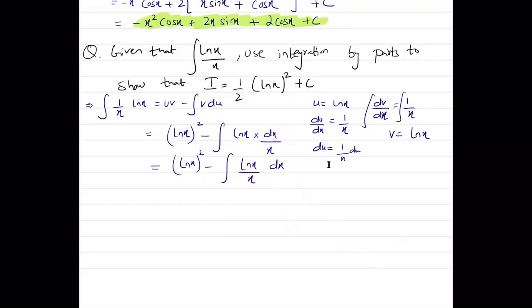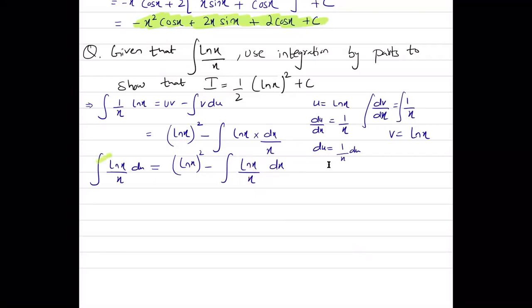So there's a smart way to tackle these type of question where the integration comes back to what the question was. So I started off by integrating ln x upon x dx, and I ended up with having an integration of the same function again.